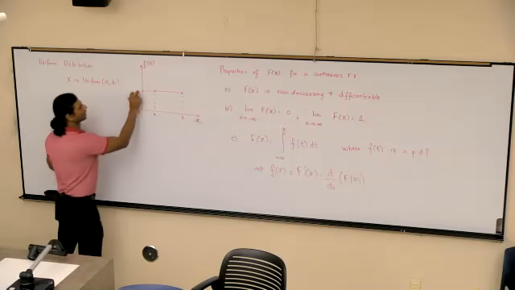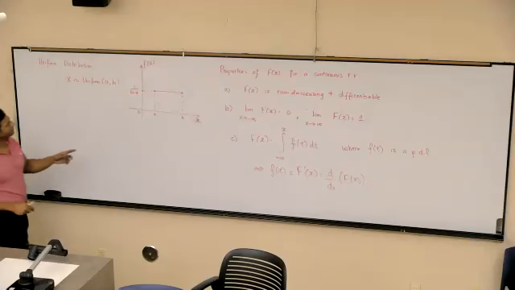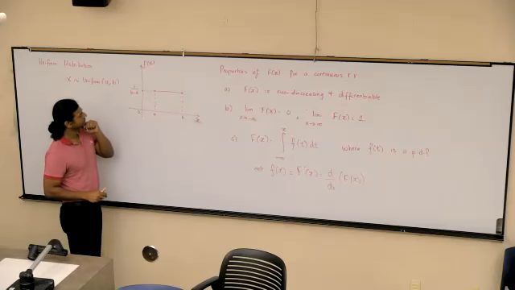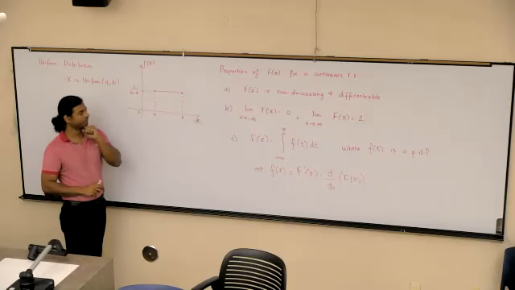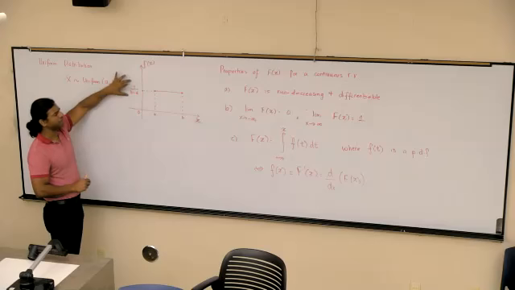I want to know what that value is. The average. What do you mean by the average? So that has to be 1 over b minus a.